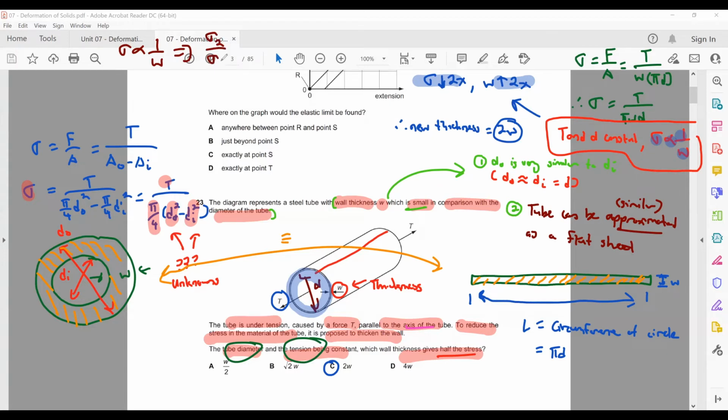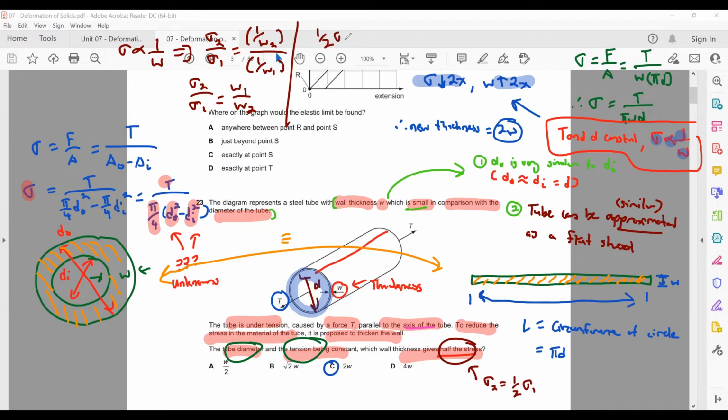Stress 2 over stress 1 is going to be equal to 1 over thickness 2 over 1 over thickness 1. So eventually, stress 2 over stress 1 is thickness 1 over thickness 2. So if your stress is reduced by half, that means stress 2 is half of stress 1. So you get this one.